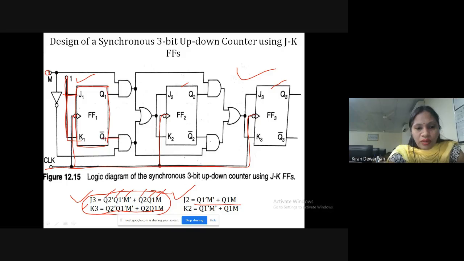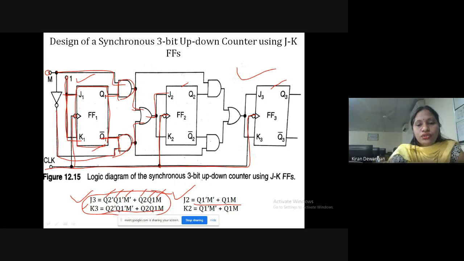Since we already have Q1 bar as an output in the flip-flop itself, we don't have to take the inverter of the Q1. Q1 bar is already available with us. Okay? So Q1 bar M bar. From here we'll take the M bar and Q1 bar ANDed, plus Q1 M. From here Q1 and this is M. Both are ANDed and given to an OR gate, given to J2.